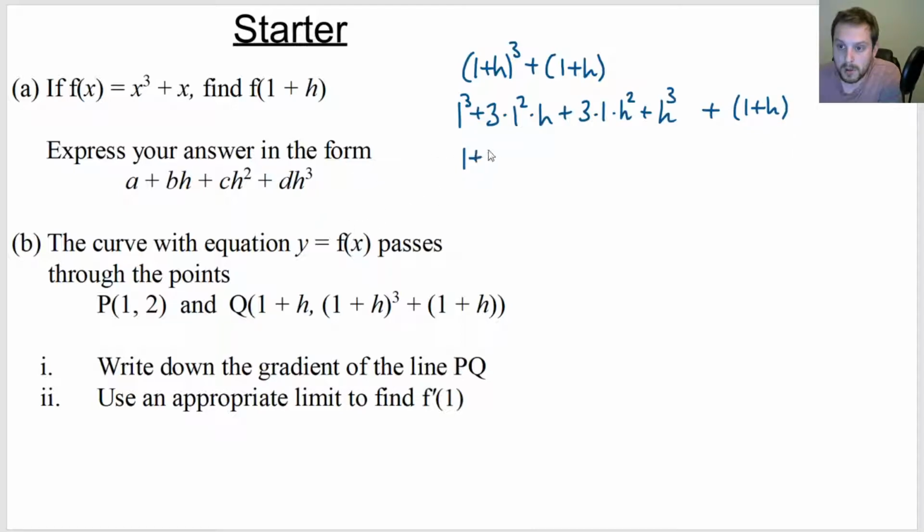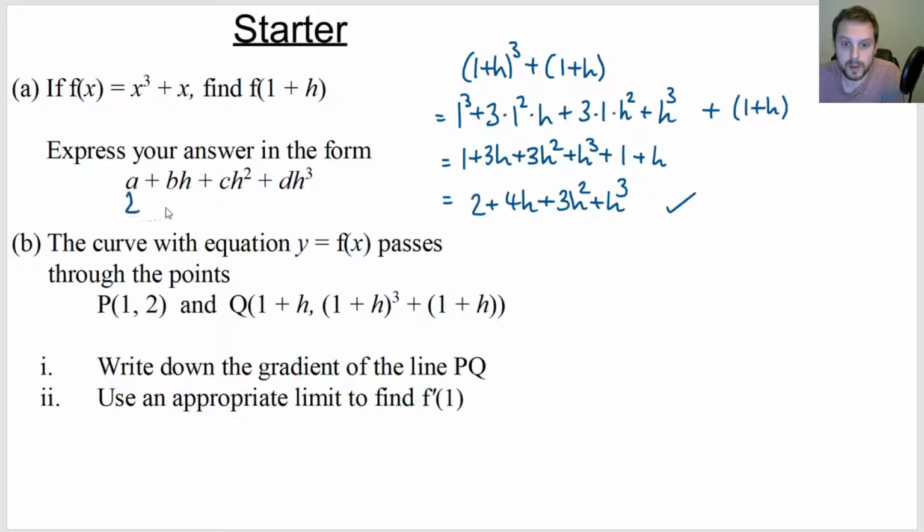So this is 1 plus 3h plus 3h squared plus h cubed plus 1 plus h. So this equals, once it's written this way around, 2 plus 4h plus 3h squared plus h cubed. Right, so A was 2, B was 4, C was 3, and D was 1.